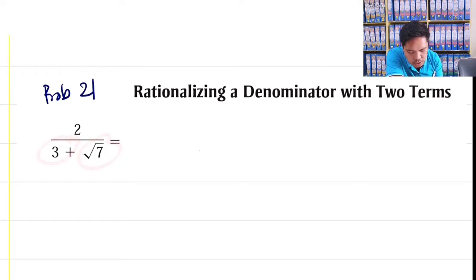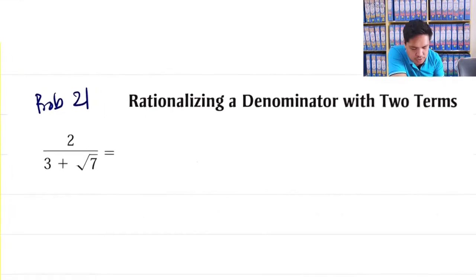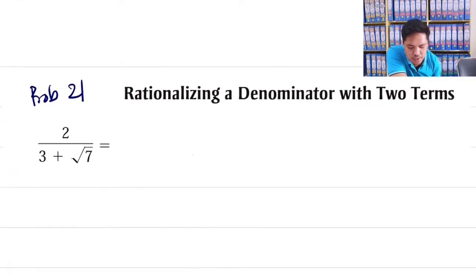We cannot just multiply it by a single term because we would just be distributing. Since this is a square root, by the way, this is effective only if it is a square root. If it's a cube root, it's more complicated. Let us just pray. Let's just pray about the cube root. We'll stay with square roots here.